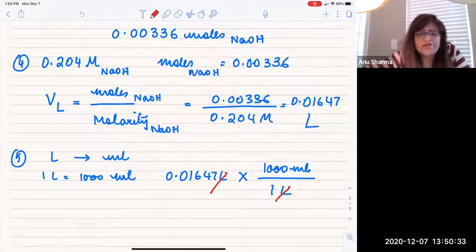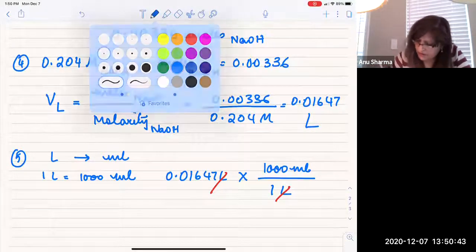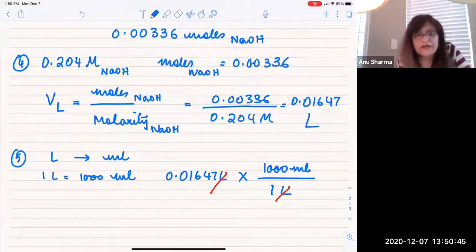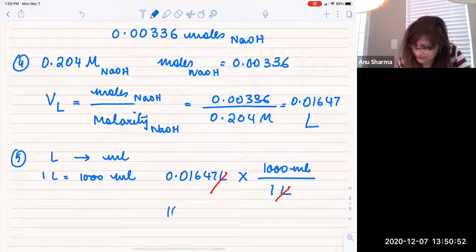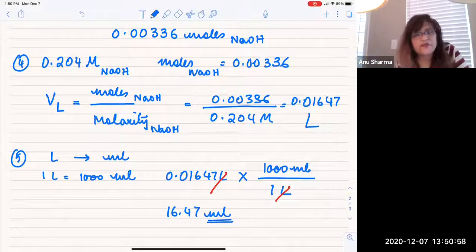Mohammed, you have 0.1647. Can you check? Mohammed, just check your answer, okay? Just double check and let me know if you get anything different. Okay, so anyway, this becomes 16.47 milliliters.